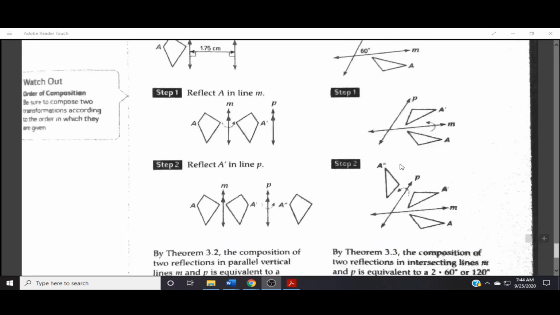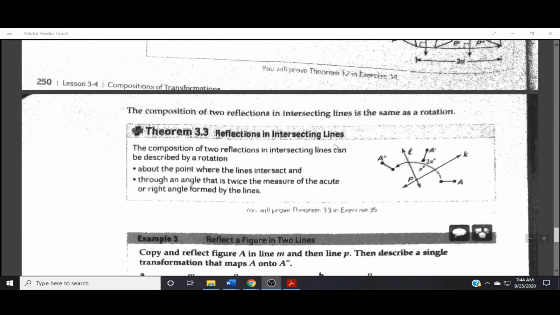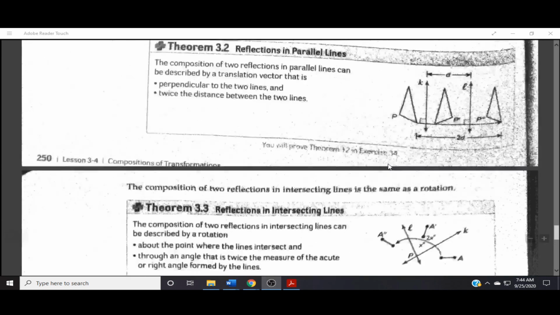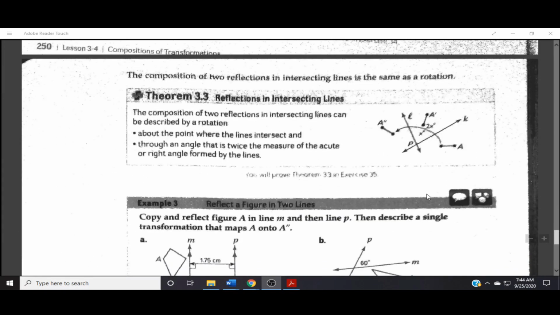There's more practice. This theorem is basically saying that if you're reflecting across two intersecting lines, you reflect it over one and then the other, which is just going to be a rotation. So a combination of reflections is going to be like a translation or a rotation.